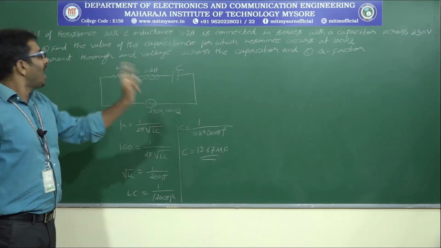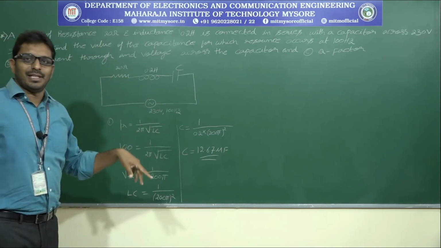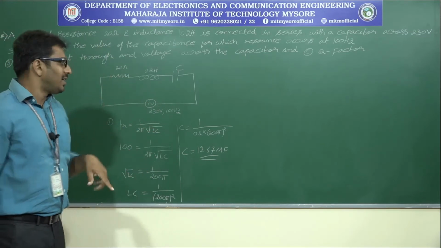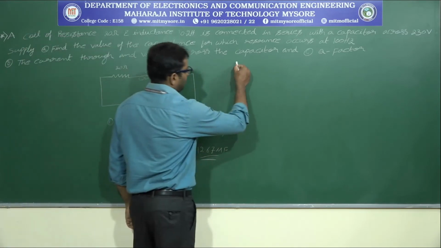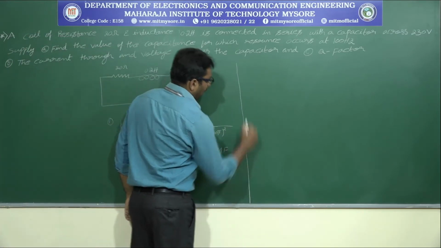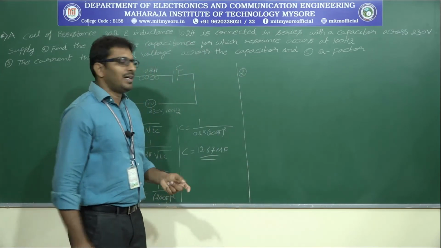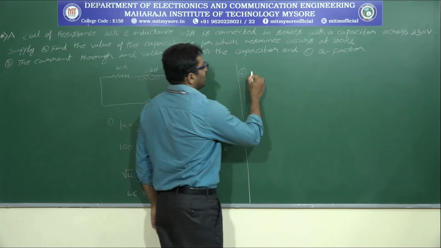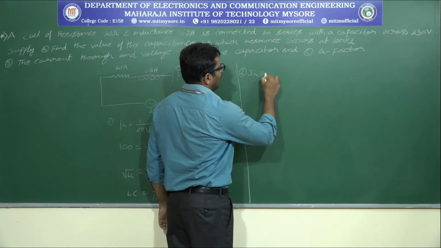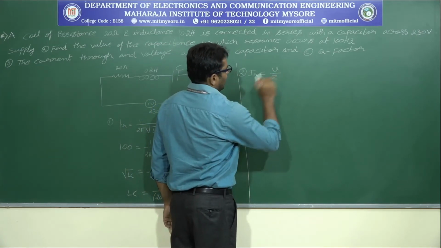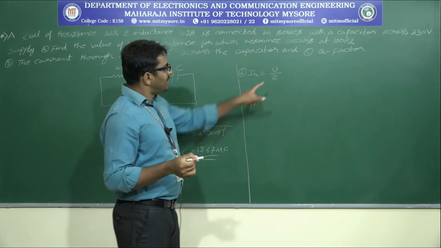Next, what is the second part of the question? The current through and voltage across the capacitor. At what frequency? At resonant frequency. At resonant frequency, the current through the capacitor is nothing but the resonant current, right? So IR is equal to, this is resonant current, V divided by Z. At resonant frequency, what is Z?